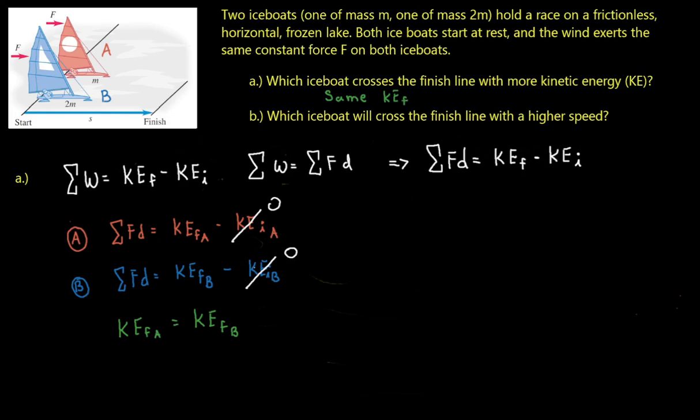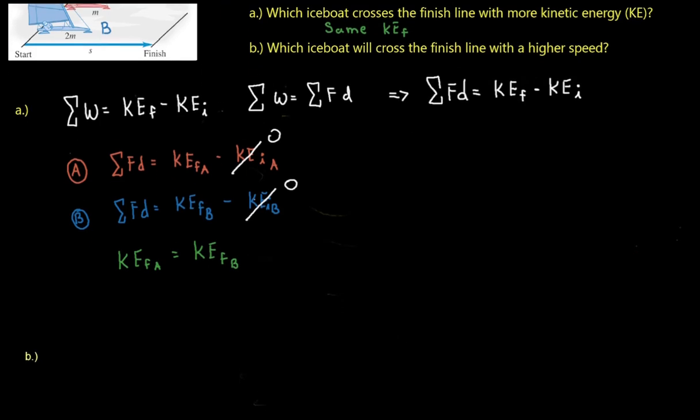Now let's solve for part B. So we have to figure out which ice boat will cross the finish line with a greater speed.